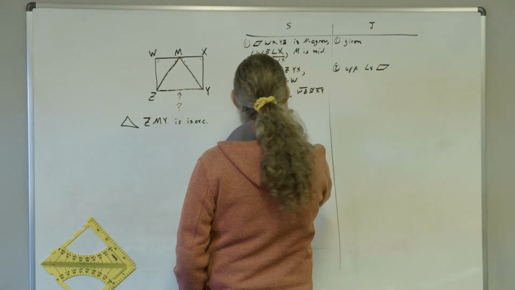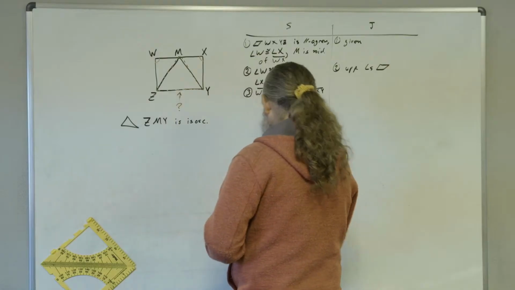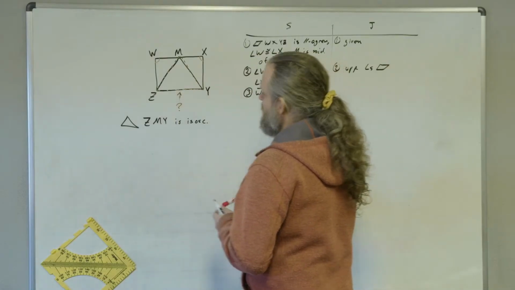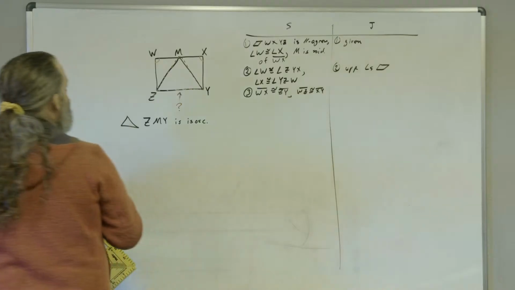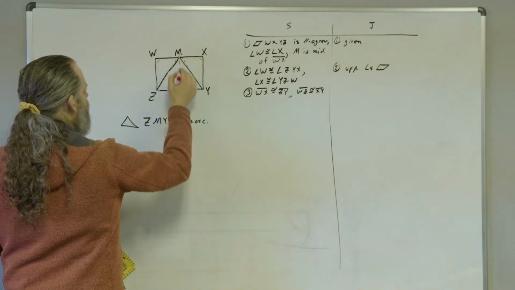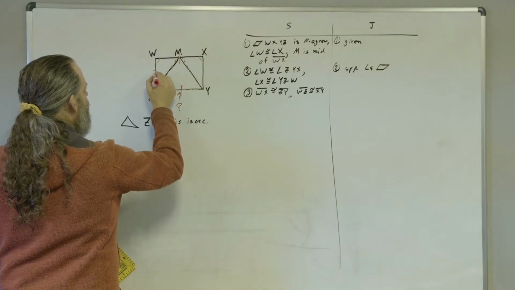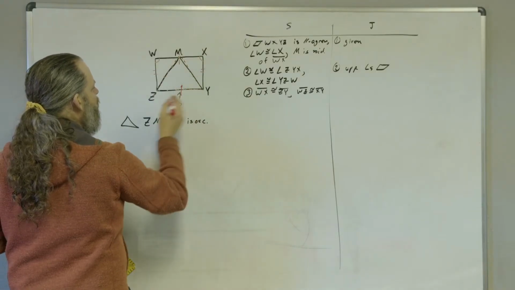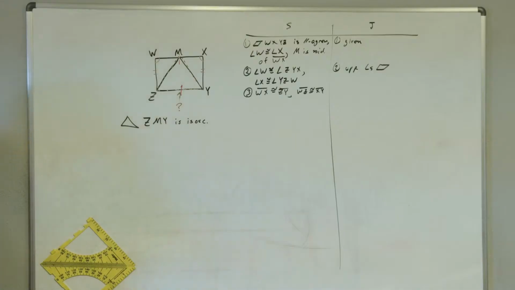Now these, I don't know if the angle ones are going to be as useful, but the side ones I think will be, at least one set of them. So this is congruent to this, and this is congruent to this, right? Okay, what else can we say?